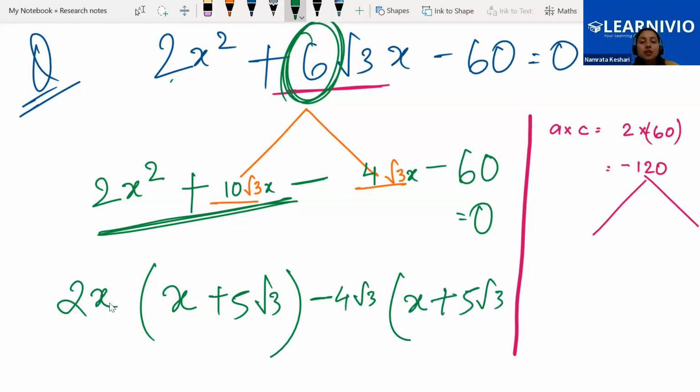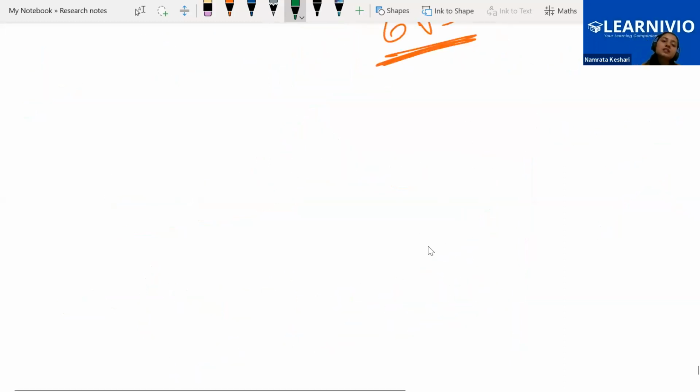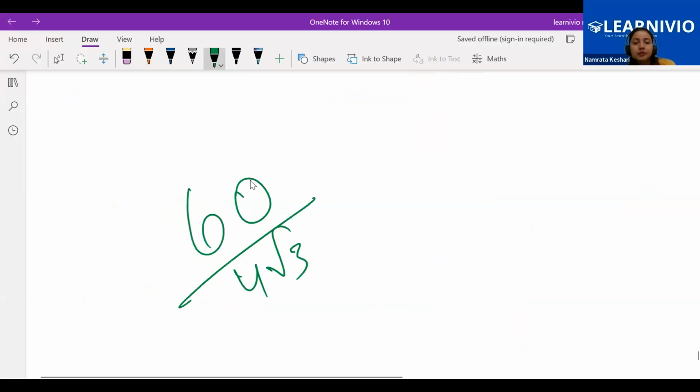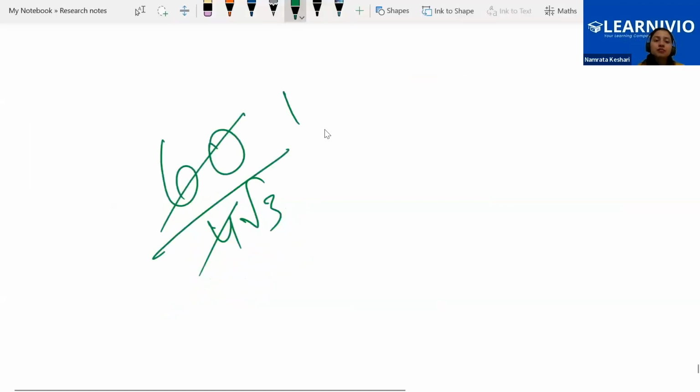If you are not sure, you can check it. 60, if you divide by 4 root 3, what are you getting? 4, 1 time 4, 5, 6, 5 times, 15. 15 by root 3.